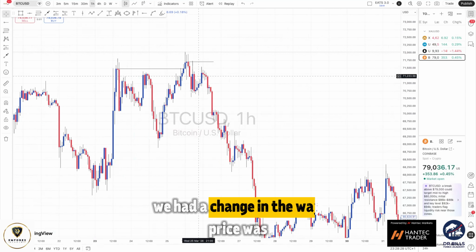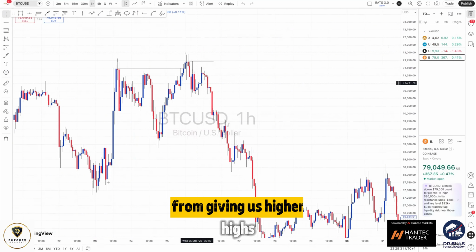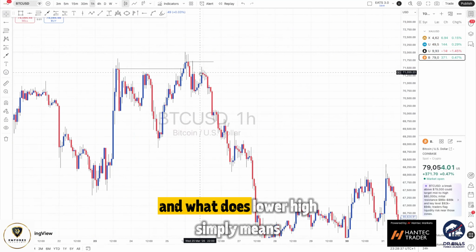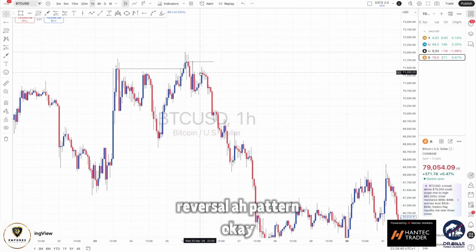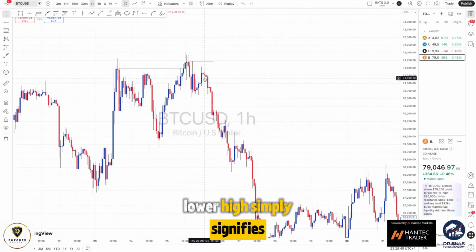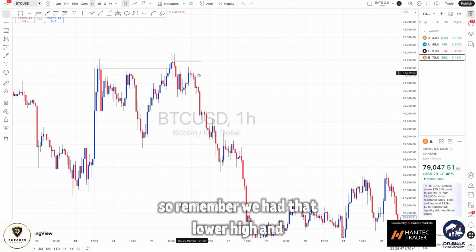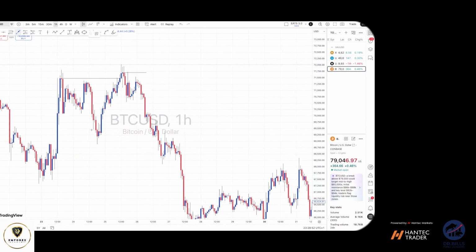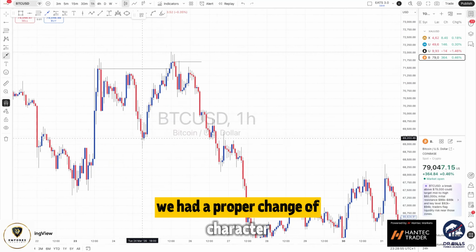We had a change in the way price was printing, from giving us higher highs to now giving us a lower high. And what does a lower high simply mean? A lower high simply signifies a reversal pattern. So when we had that lower high, and then we broke below this low here, we had a proper change of character.